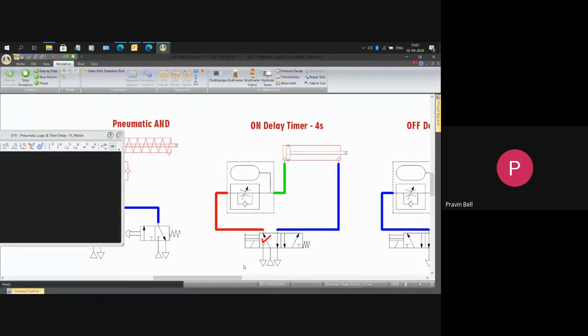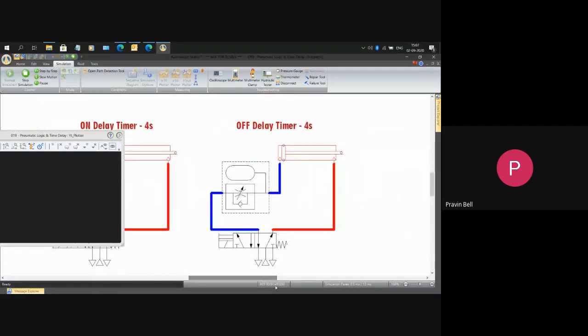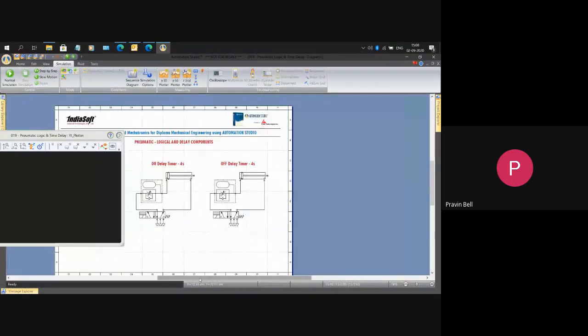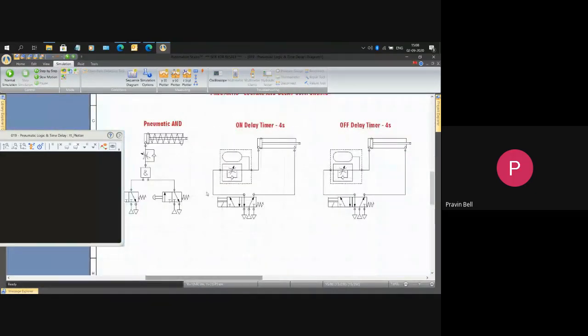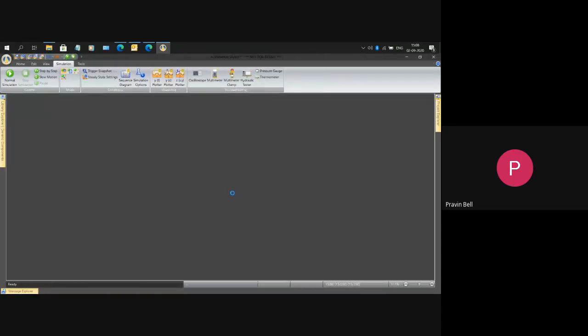I can set the internal timing, then it operates. Okay. Similarly, we have an off delay timer valve in pneumatics. So in forward direction, it is normal. In reverse direction, it will wait for 4 seconds and then it will retract. This way. So we have these logical components in Automation Studio. There's an entire library of these logical components for pneumatics. Automation Studio has more than 5,000 components.